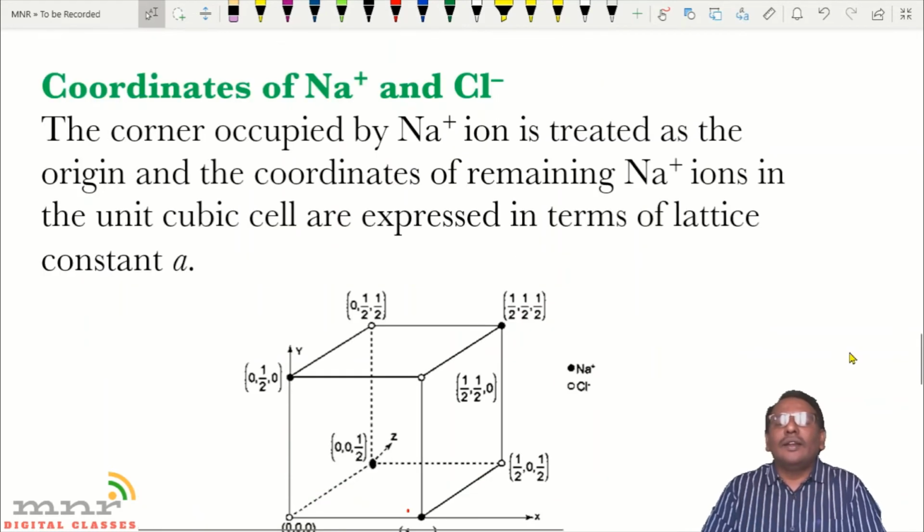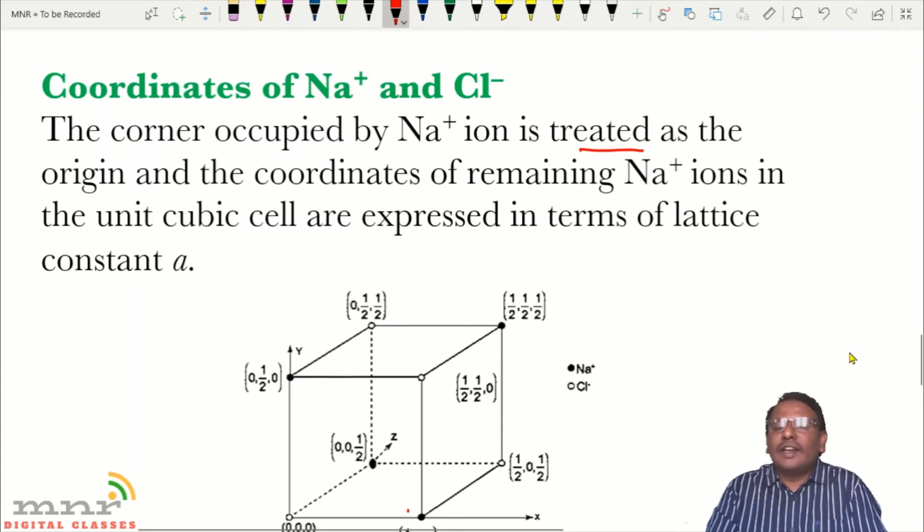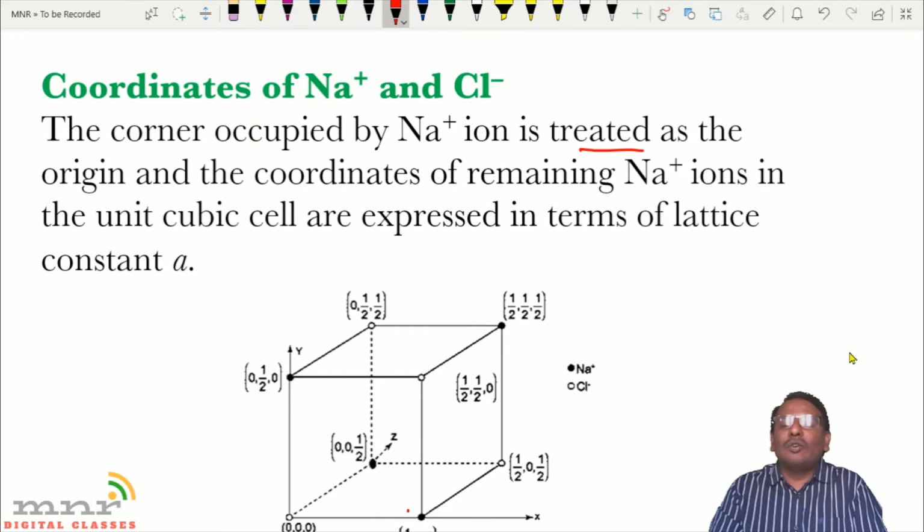Let us find the coordinates of Na+ ions and Cl- ions. The corner occupied by a Na+ ion is treated as the origin, and the coordinates of the remaining sodium ions in the unit cell are expressed in terms of the lattice constant a.